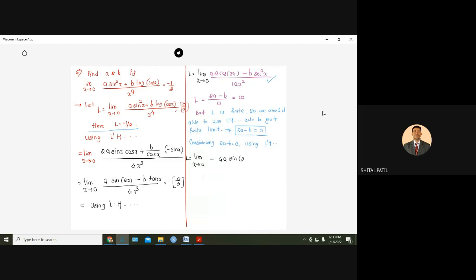Sine of 2x, and minus the derivative of sec square is 2b sec x times sec x tan x, upon 24x. Now we can use the standard formulas, or we can use the L'Hospital's rule, but since only x is there, I think it is better to use the standard formulas.